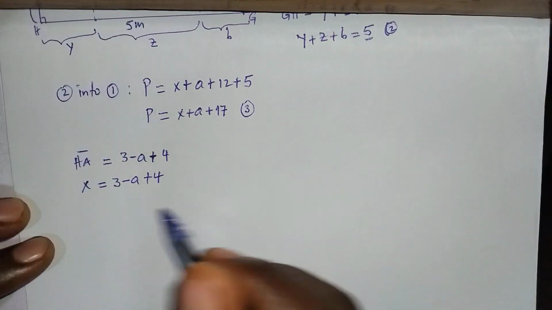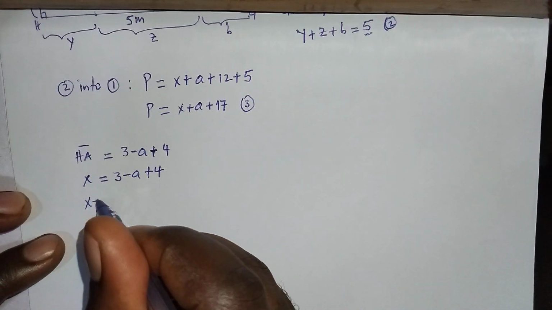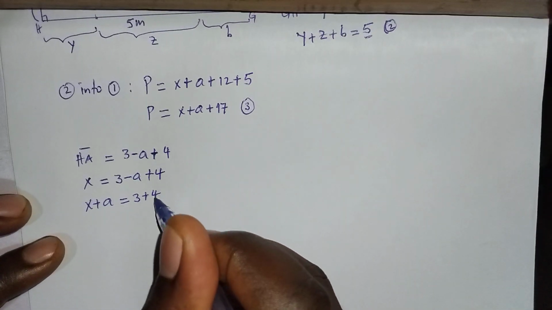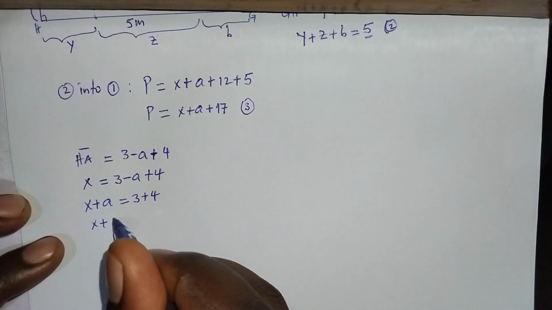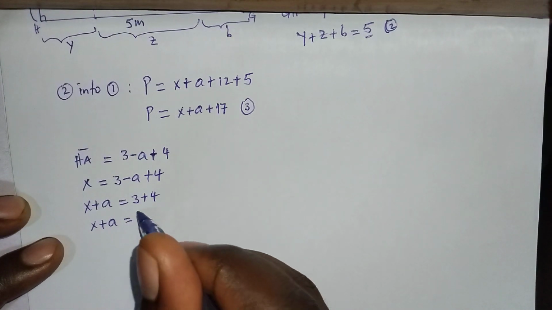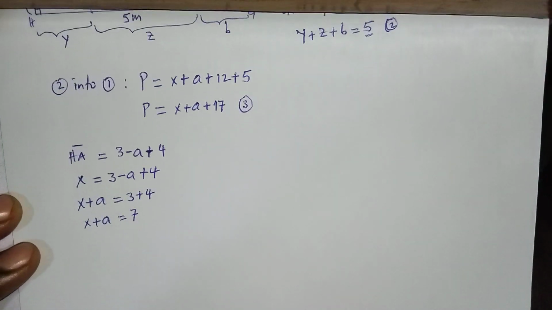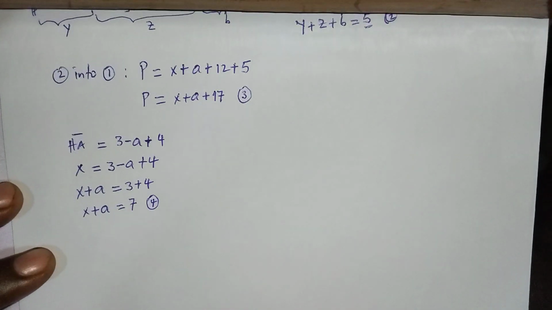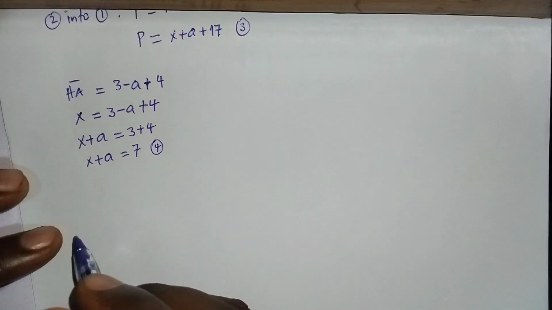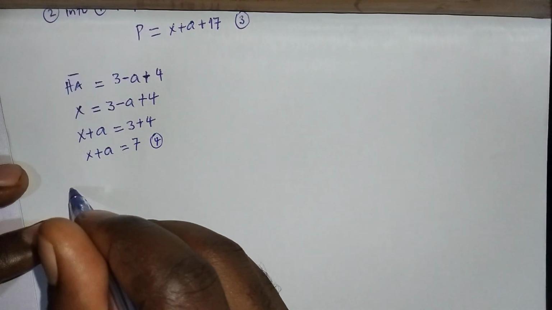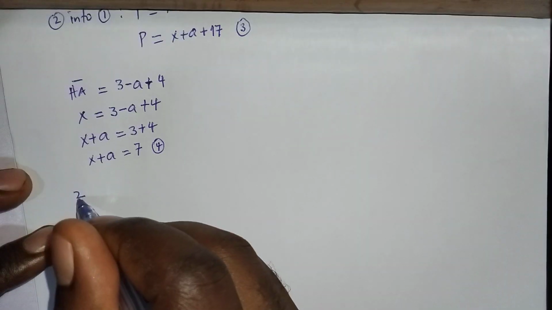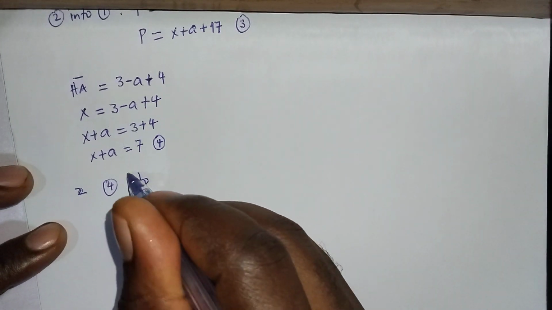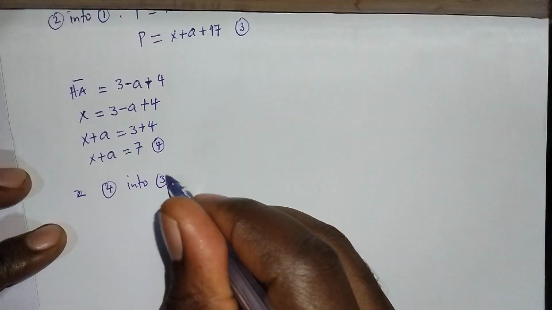Let's put unknowns together. X plus a is equal to 3 plus 4. X plus a is equal to 7. This is equation 4. Let's put equation 4 into equation 3.